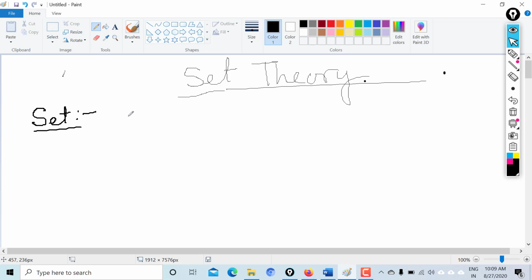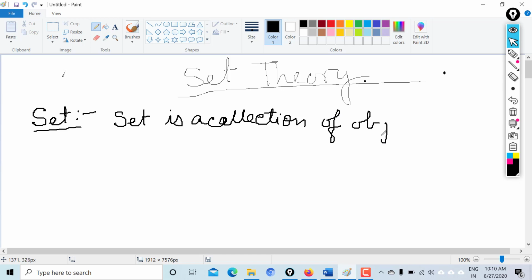It can be real numbers, it can be integers. So there are so many kinds of sets. A set is a collection of objects.